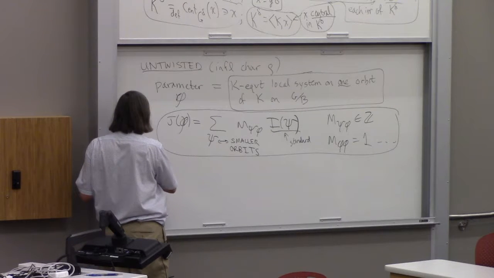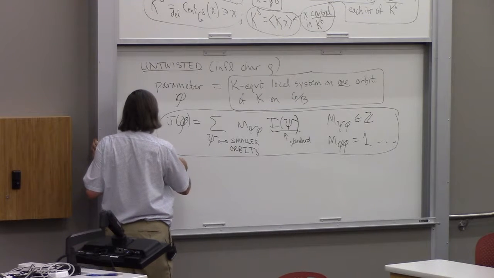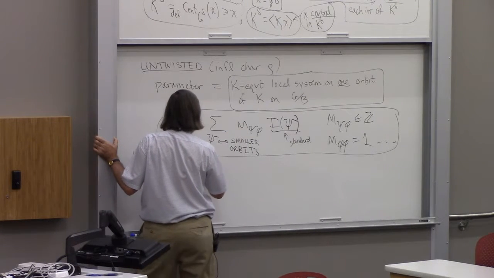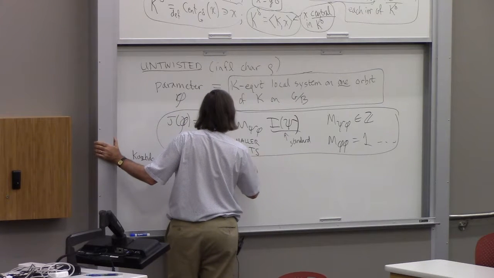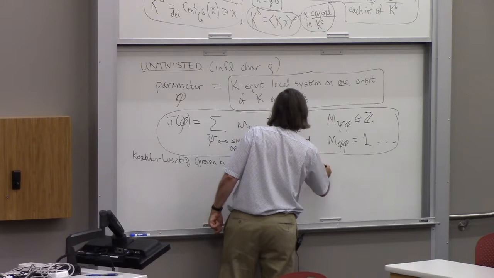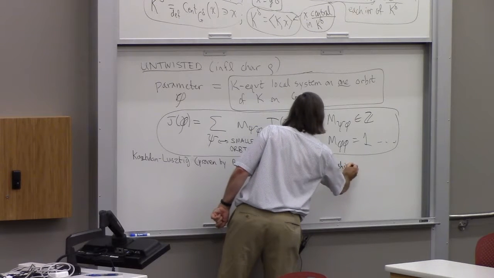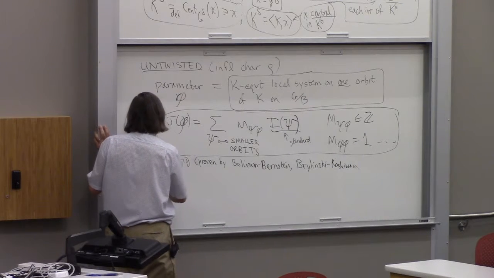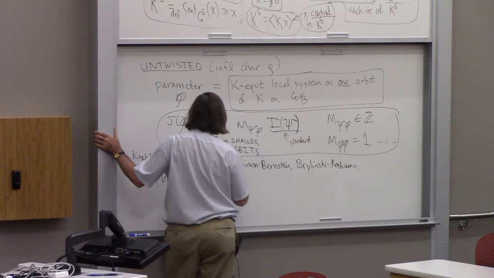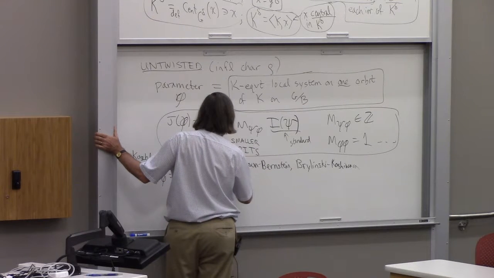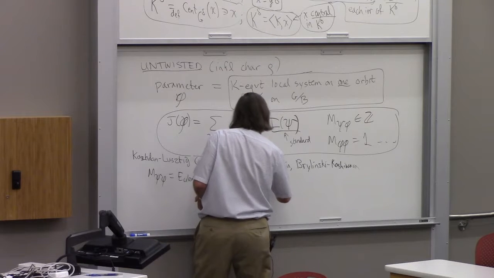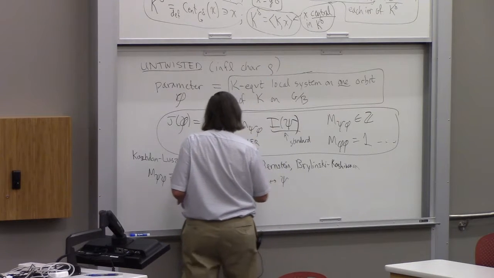The idea of Kazhdan and Lusztig, which was proven by Beilinson and Bernstein and Brylinski-Kashiwara, is that this m psi phi is an Euler characteristic of some perverse sheaf corresponding to this phi.